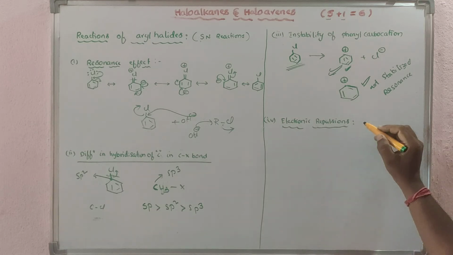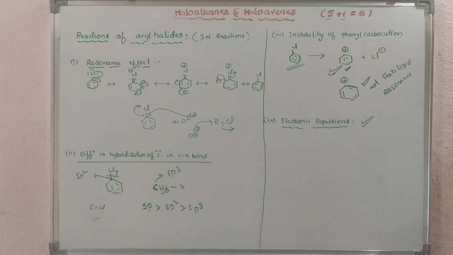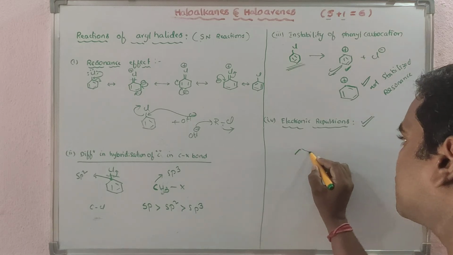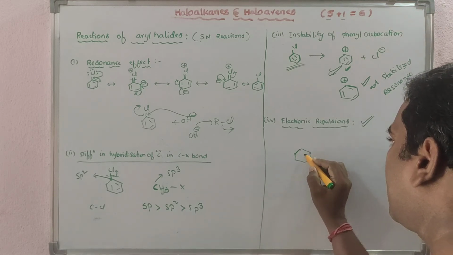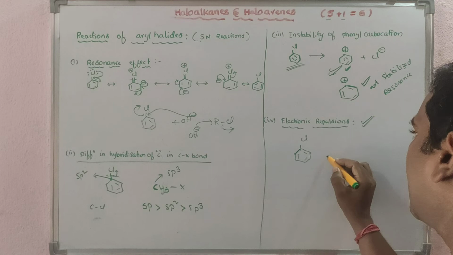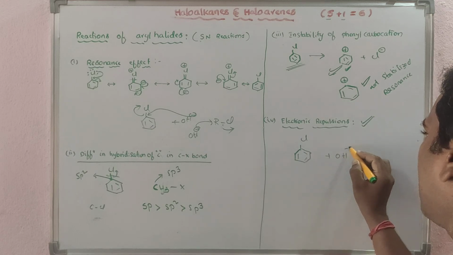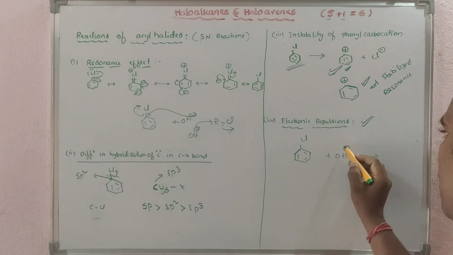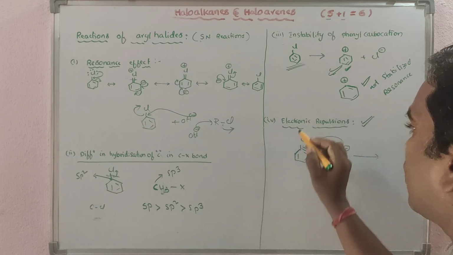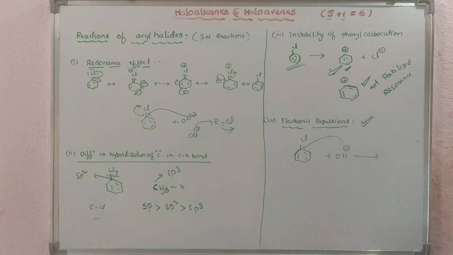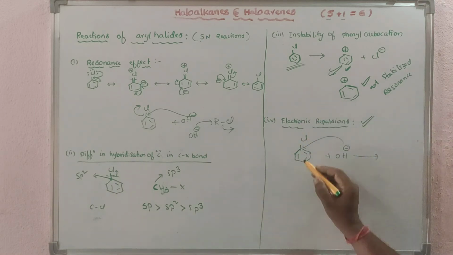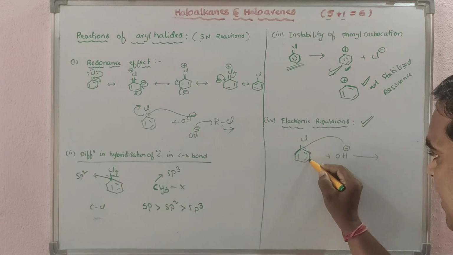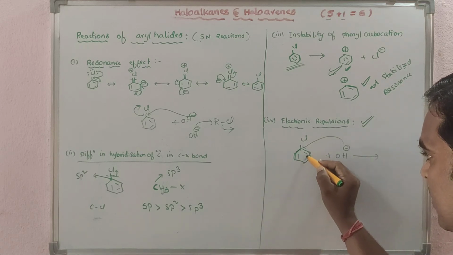Clear? And the last one is electronic repulsion. You know that here a halogen is there, and if it is involved in nucleophilic substitution, the OH minus ion should attack here and chlorine should leave. But the benzene ring is an electron-rich compound, with double bonds.